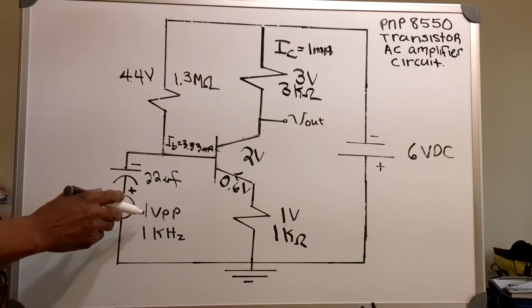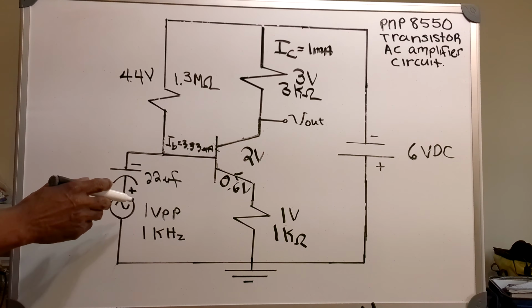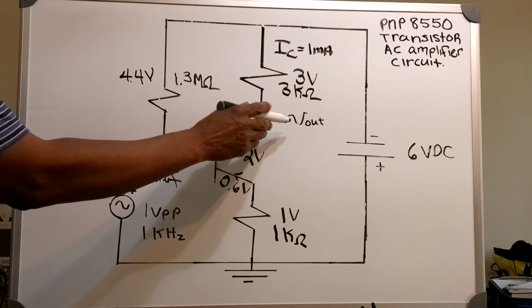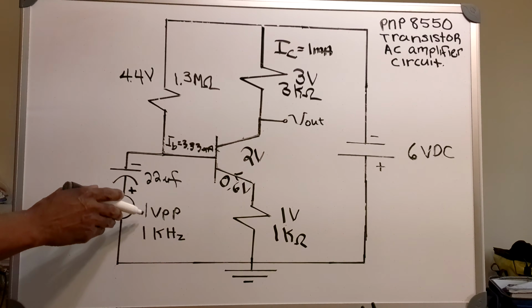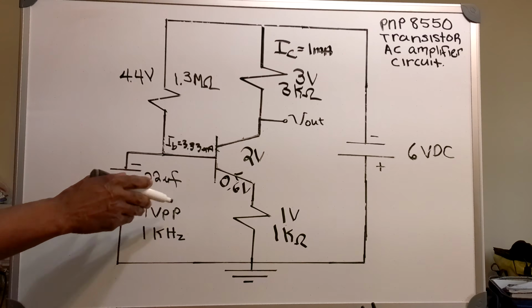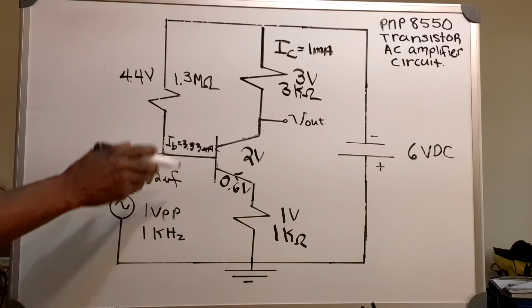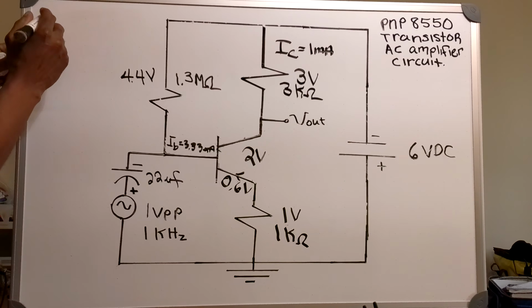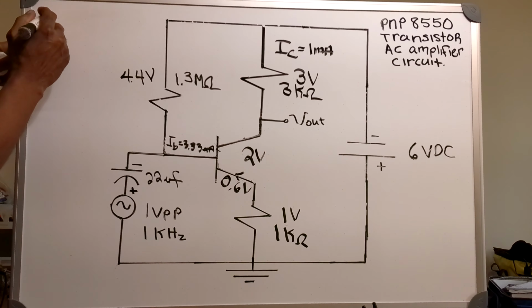Okay, now on the AC input, right? Now I need to know what the output would be for the AC. I know that I'm inputting a 1 volt peak-to-peak signal. So how do I find the output? Well, in order to find the output, I'm going to need to know the AC gain, AV.